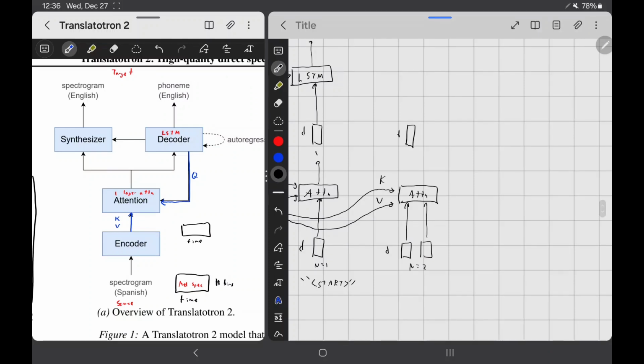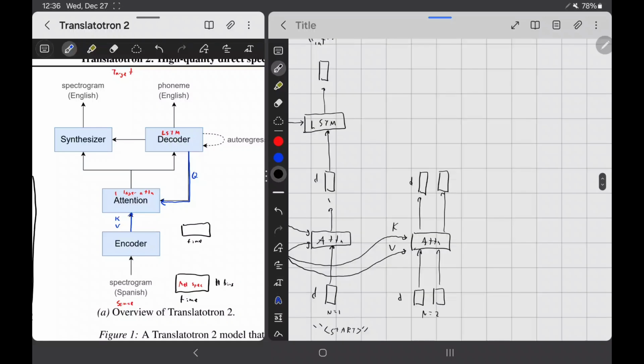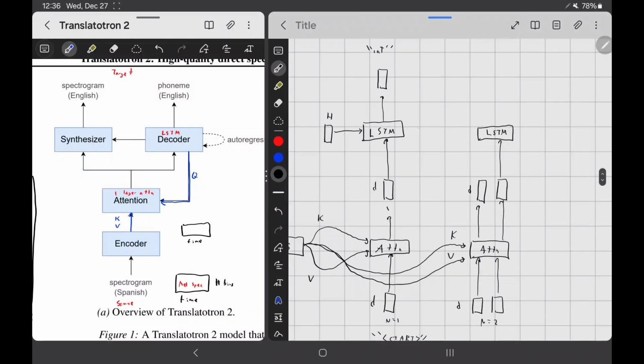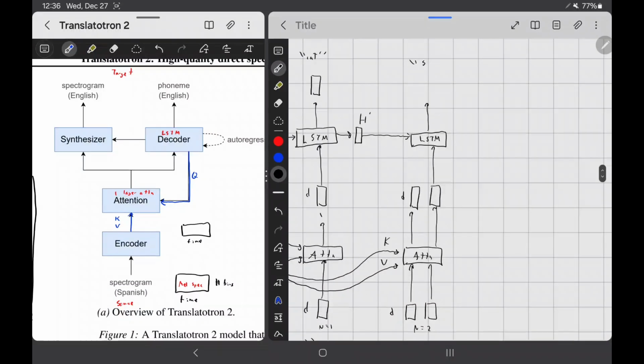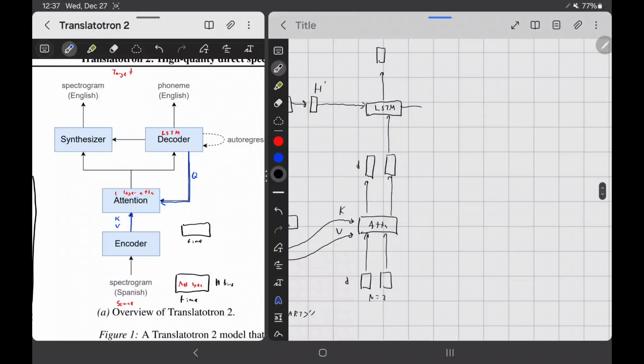And you'll get out your 2 tokens, and you're going to send just this token through the LSTM again. This outputs a hidden state, call it H prime, and then it'll output the next phoneme. I'm just going to use a word instead.